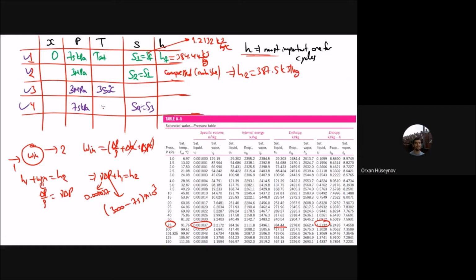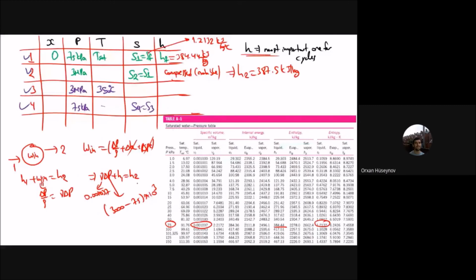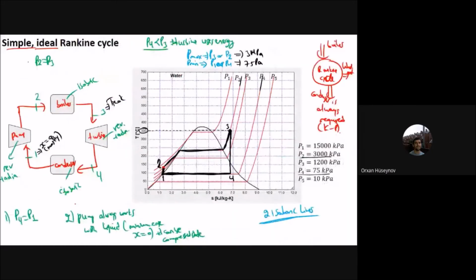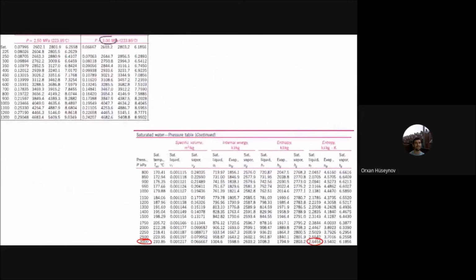Now comes state 3. For this one, I know the temperature and I know the pressure. So I will go to the saturated region first, and I know that this temperature is higher than the saturation temperature, 350. It means that it is superheated. Even if we check it from the chart here, it is superheated. For the superheated values, we'll go to the superheated region, 3 megapascal.